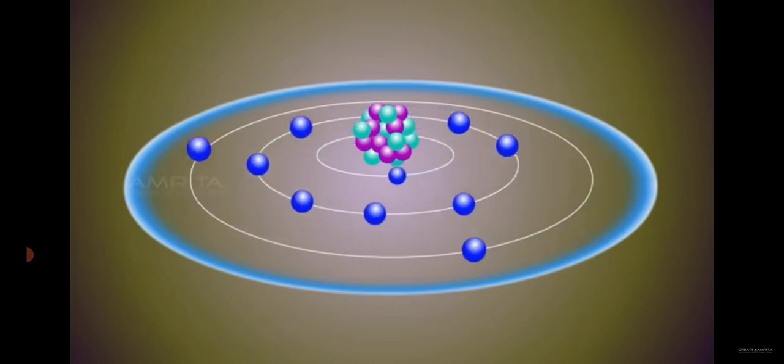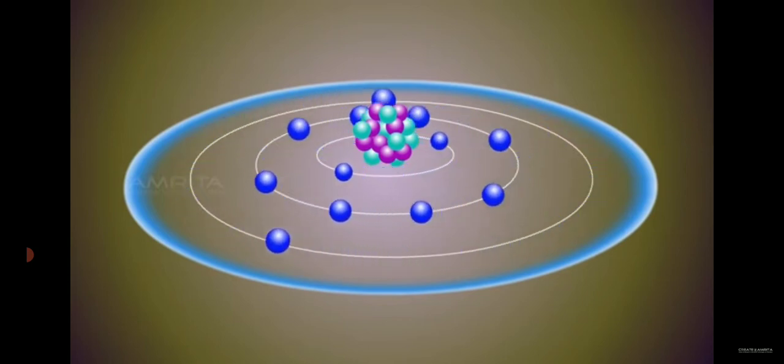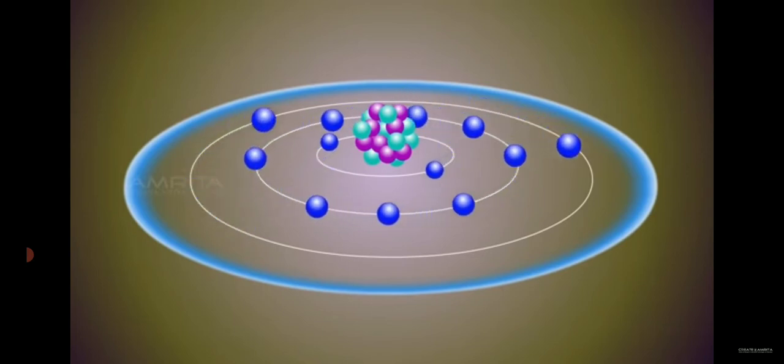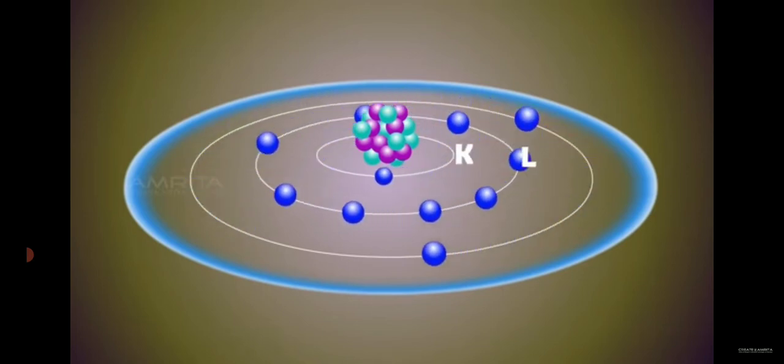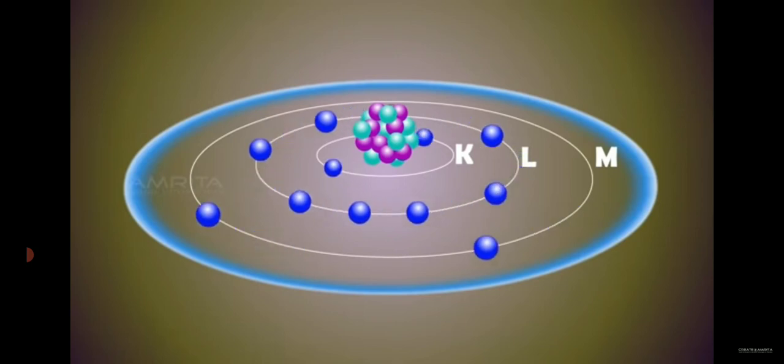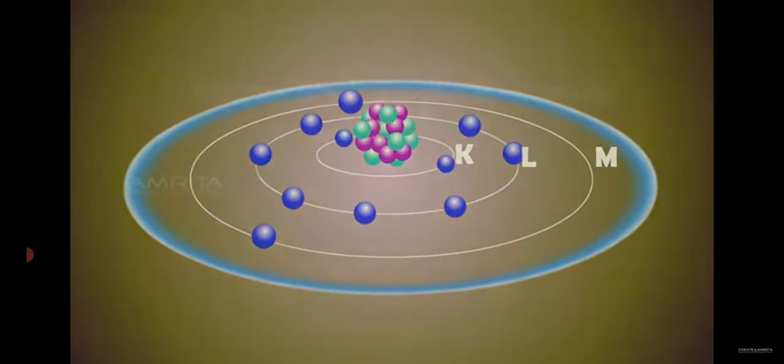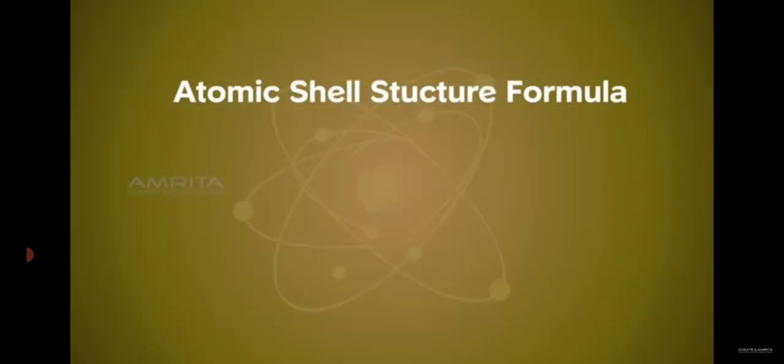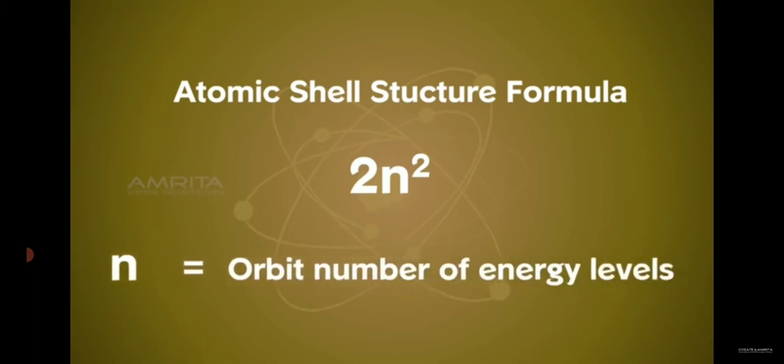The orbits or shells are represented by the letters K, L, M, N, etc. The maximum number of electrons present in a shell is given by the formula 2n square, where n is the orbit number or energy shell.